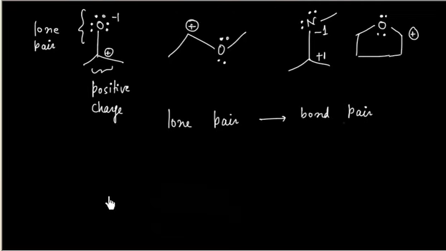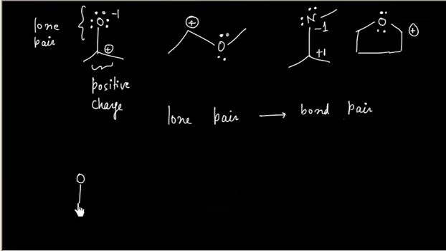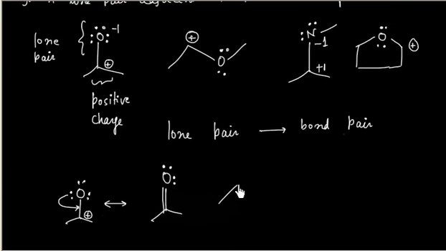For example, if I consider this molecule, if I flow this arrow here, that is, we can convert a lone pair into bond pair. We will have this resonating structure. If I consider the second molecule, we can convert this lone pair into bond pair to get another resonating structure.